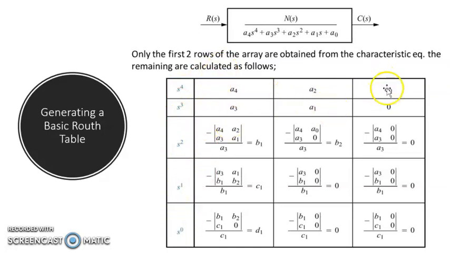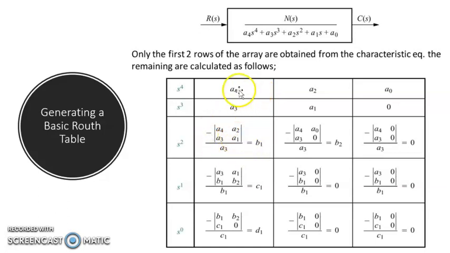The first two lines are the coefficients of each of these. So this is A4, A3. You go down here, up here, down here, up again, and down. Those are the things you have to know to generate a Routh table.